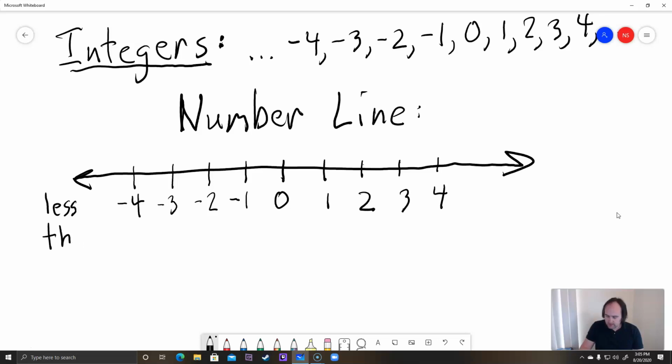Sorry, having trouble with my pen right now. Less than goes to the left, and then greater than goes to the right. Okay, and less than is a symbol that you write, it looks like a caret pointing to the left, whereas greater than is a caret pointing to the right.